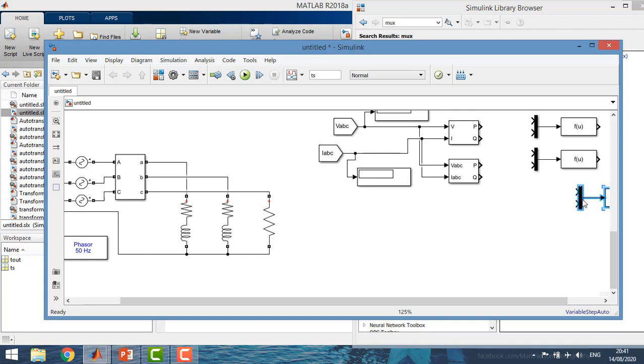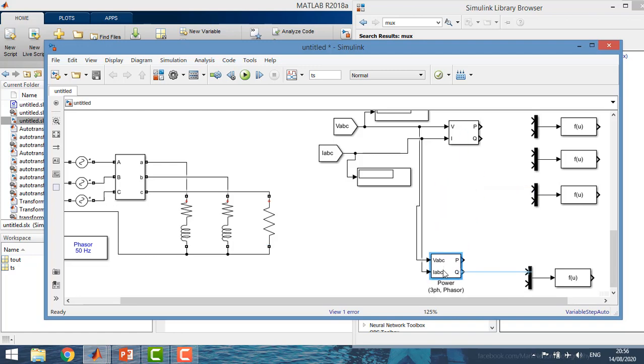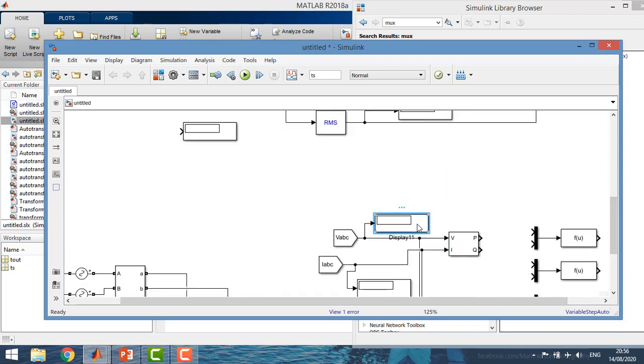So 3 for the 3 phases, and 1 extra for the one with the total. Alright, so we do need this one. We have 2 blocks. The first one, which is this one, can show us the active and reactive power of each phase.